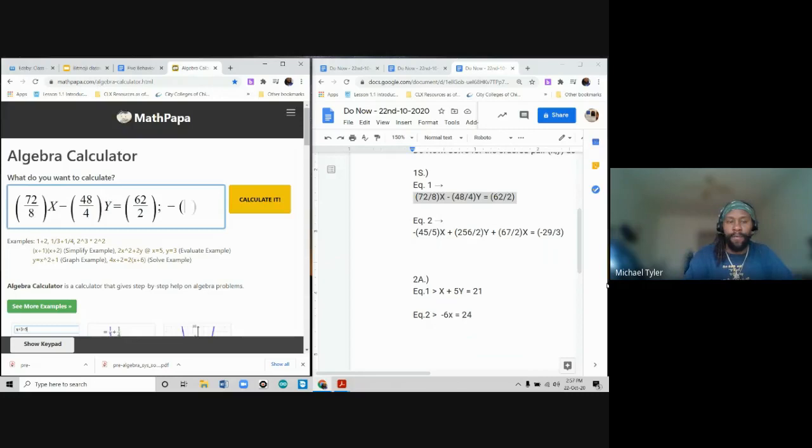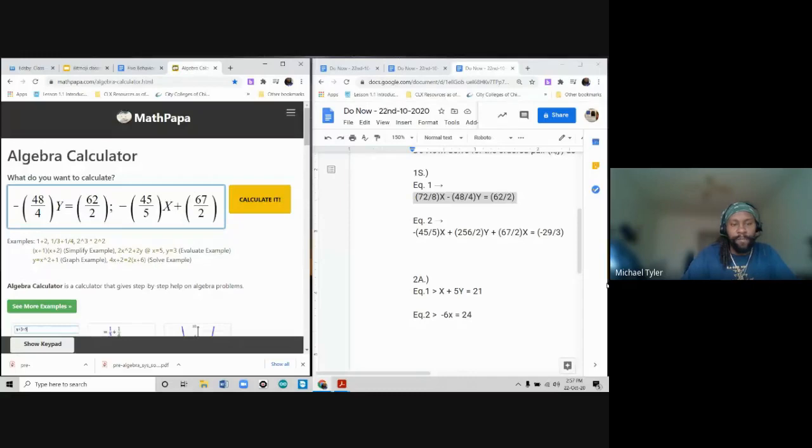Negative, parentheses, 45 divided by 5, over key, close parentheses, x, right? Plus, what do we have? Parentheses, 67 divided by 2, close parentheses, and then I think the 67 over... that's supposed to be, oh, I missed one. It's 256.